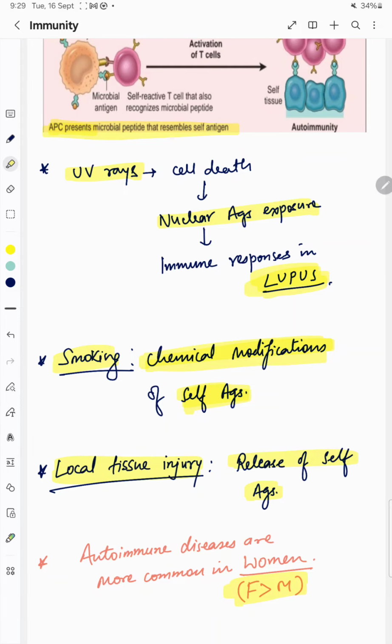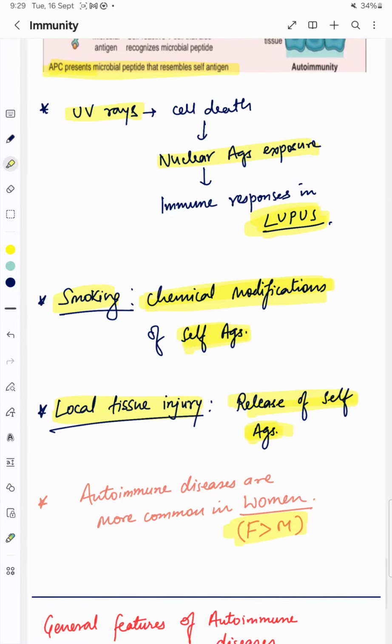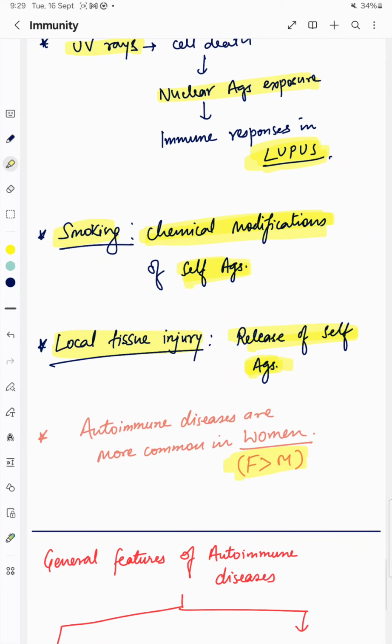Some local tissue injury will result in the release of self antigen and there will be autoimmune reactions, particularly in immune privileged sites like testes, brain and eye. Autoimmune diseases are usually more common in females.